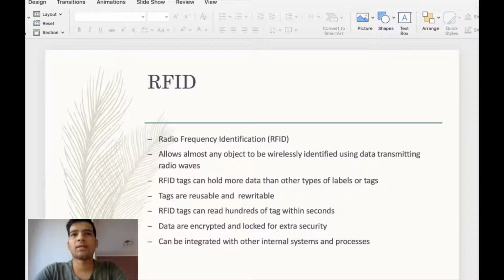And it can hold more data than other types of tags or labels. They can be rewritable and can be reused as well. It can be easily integrated with other systems and processes. Data are integrated and can even be locked for extra protection.